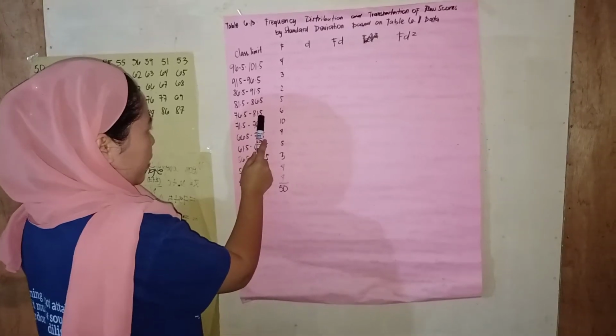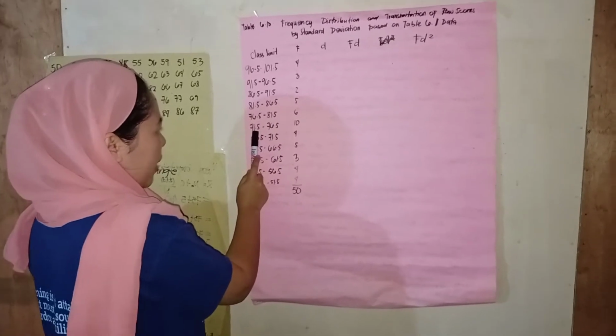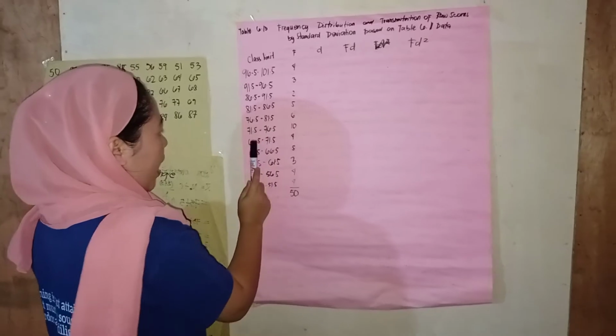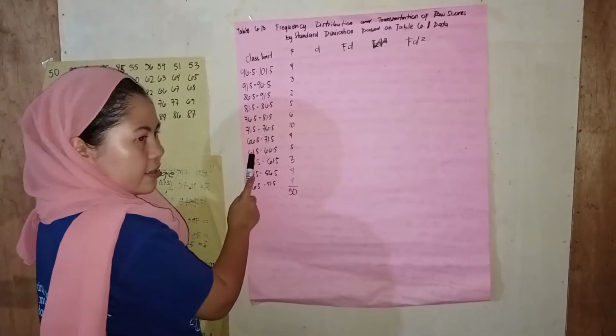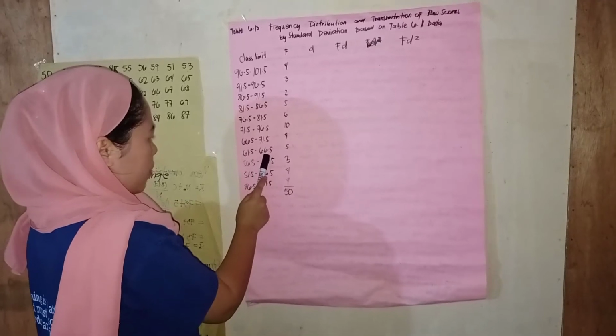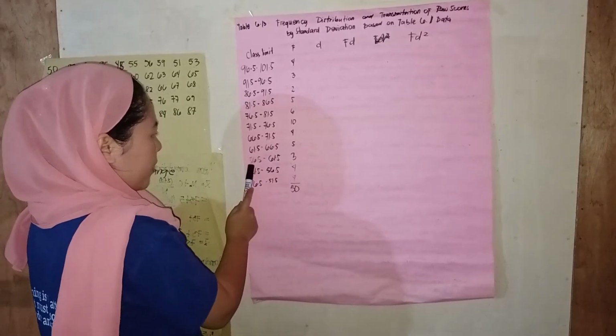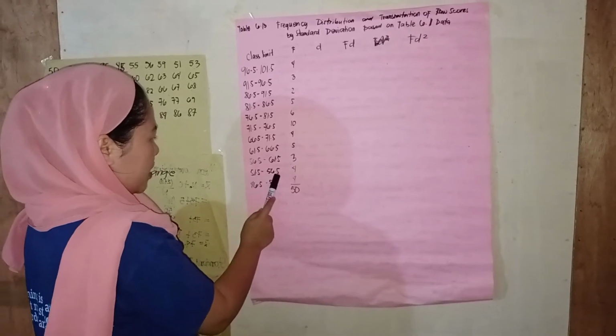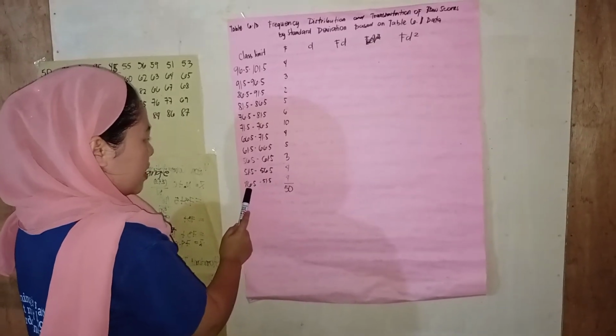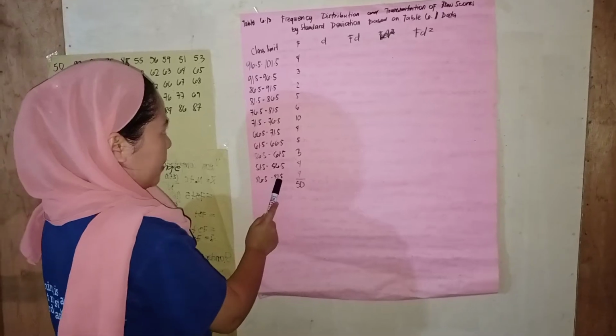Then 76.5 to 81.5, 71.5 to 76.5, 66.5 to 71.5, 61.5 to 66.5, 56.5 to 61.5, 51.5 to 56.5, and 46.5 to 51.5.